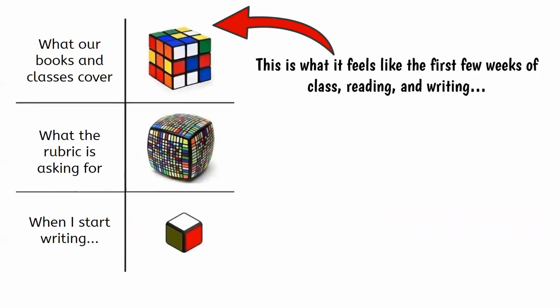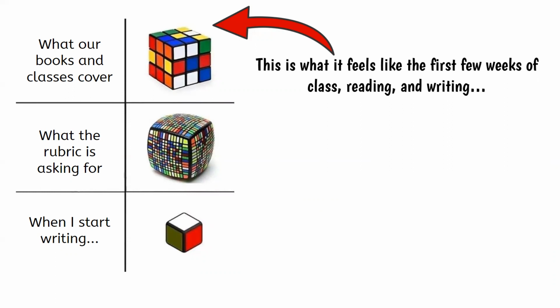This picture is a perfect example of what the first few weeks of class readings, discussions, and the writing journey feel like when you first start. The first picture is a Rubik's Cube. This is what our books and our classes cover. Then you move on to the more complex version of that Rubik's Cube, and that's when we think about the rubric when we see it for the first time.